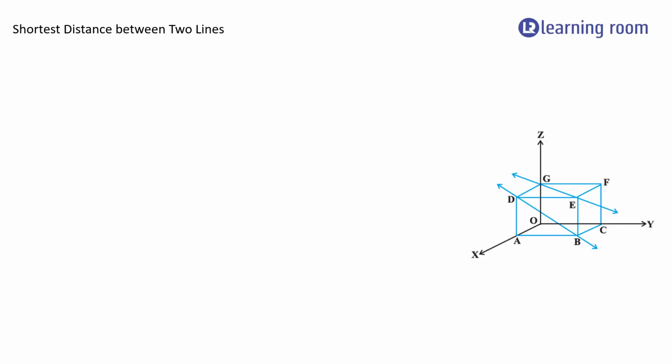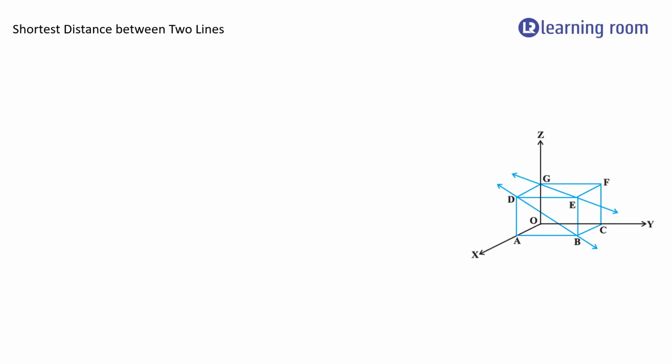So first and foremost thing is how to write the equation of a line in space. The general equation of a line in space has two requirements. First case is when you have a given point and a vector to which the line is parallel, then you can write the equation as r vector is equal to a vector plus lambda times b vector.